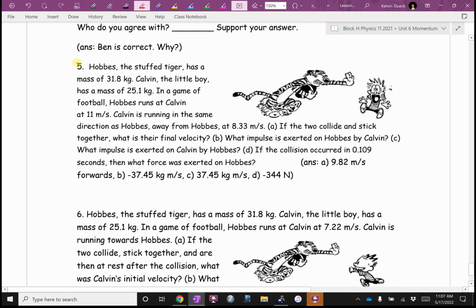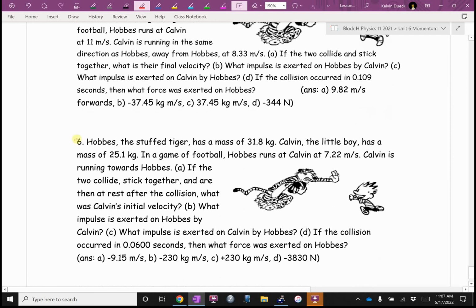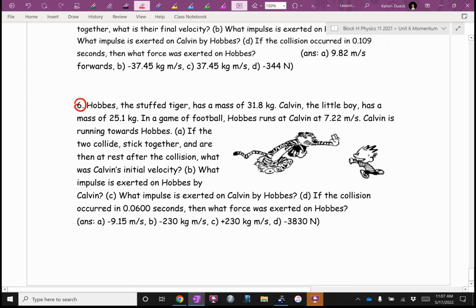You can skip 4. 5 is good. Now here is a word problem that you'll have to translate. So we have Calvin, we have Hobbes, we have the mass of Calvin, we have the mass of Hobbes. Make sure if they're in opposite directions, you let one way be positive, one way be negative. If they're in the same direction, you can let them both be positive. Number 6 is also worth doing.